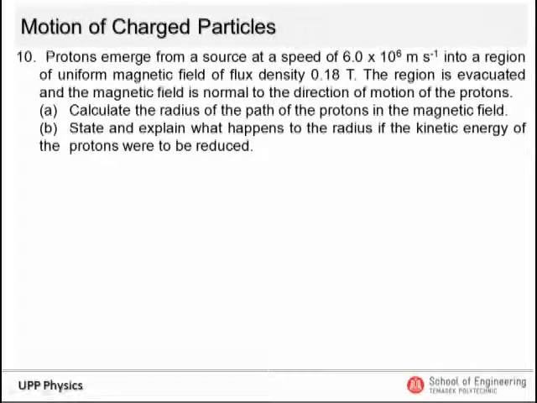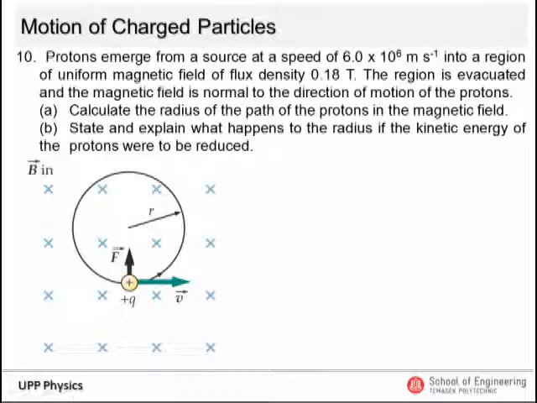Let's imagine we have a uniform magnetic field as indicated in the diagram. The magnetic field is directed into the page, indicated by the blue crosses. Take note, it is stated in the question that the region is evacuated, meaning the region of uniform magnetic field is in a vacuum.